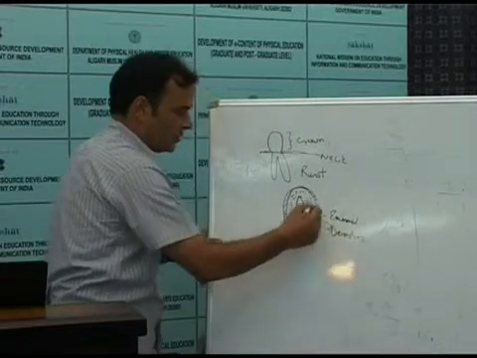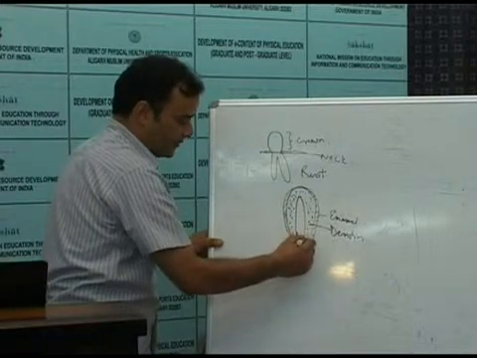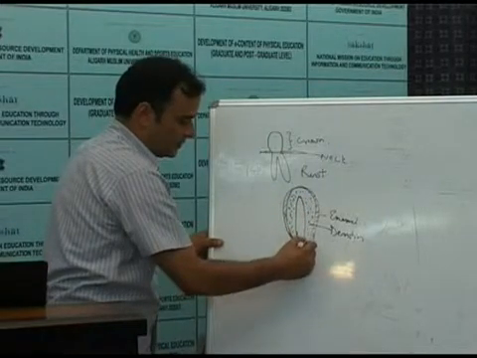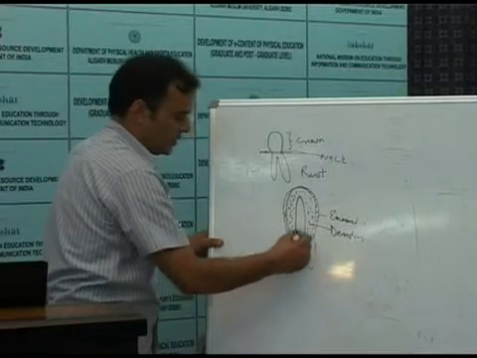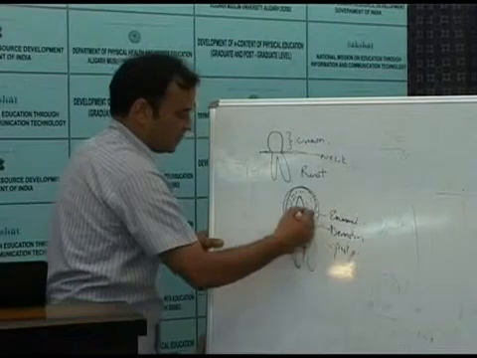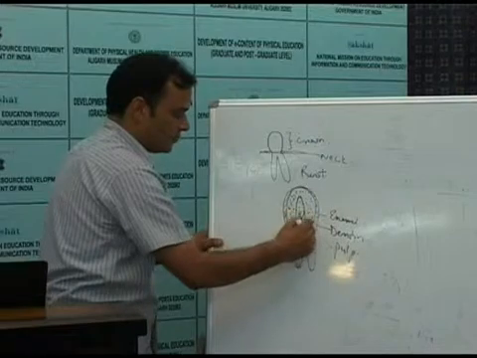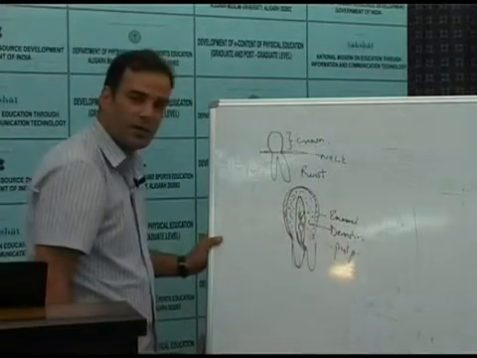This dentin is similar in composition to that of our bones, and on the inside is the pulp cavity. This pulp cavity contains connective tissue as well as blood vessels and nerve fibers.